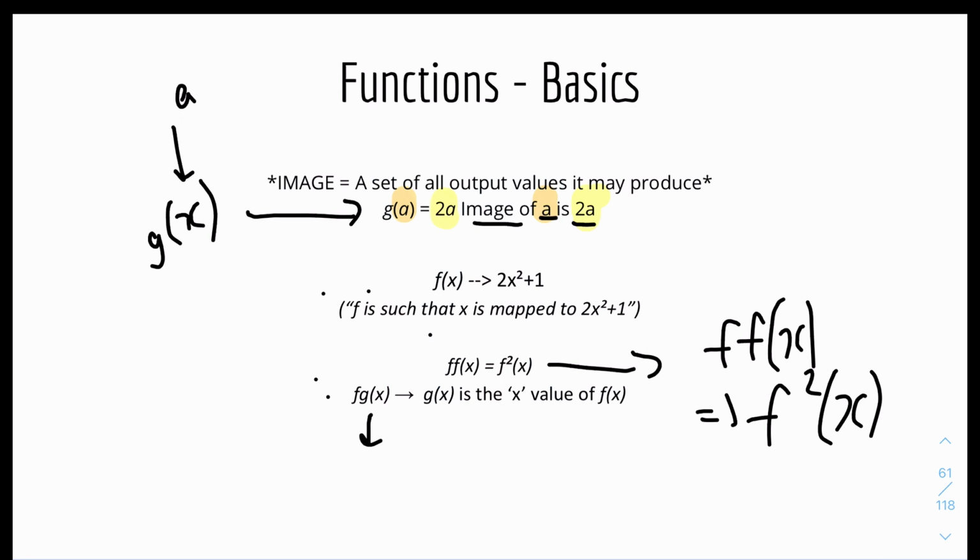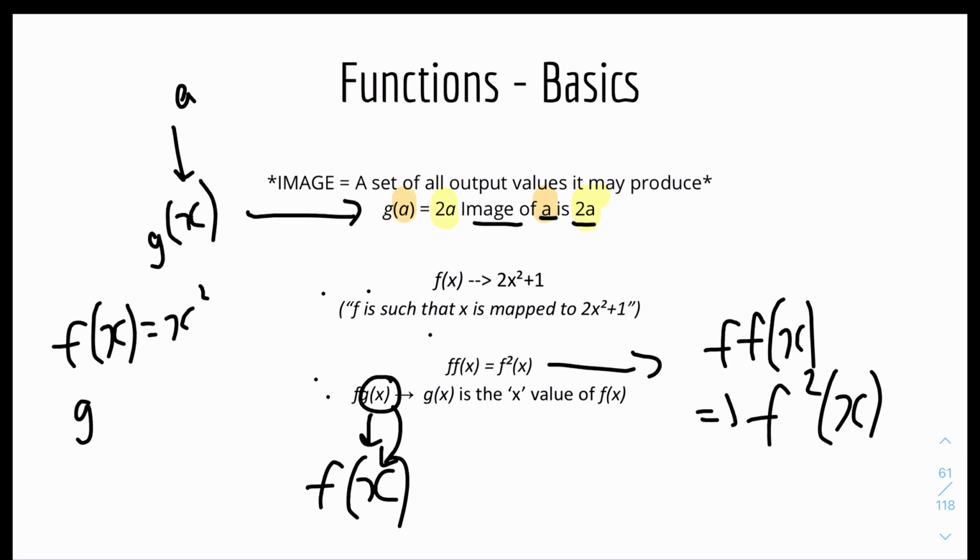What this means is that this is normally the f(x) function. When you have the g(x) right here, the g(x) is the value of the x. So when we have f(x) equals x squared and g(x) equals x cubed, and we have f of g of x, we put the g(x) into the x value of f(x).